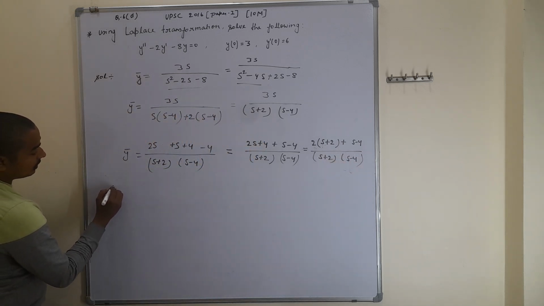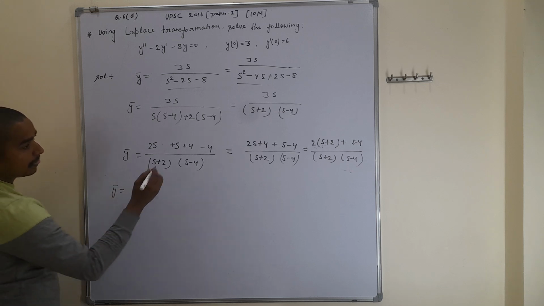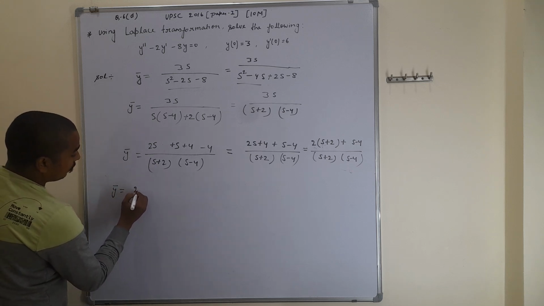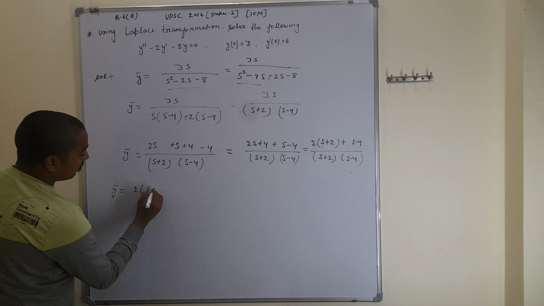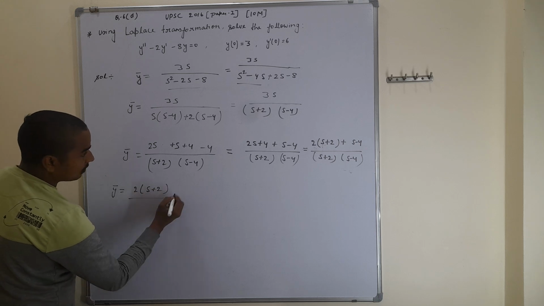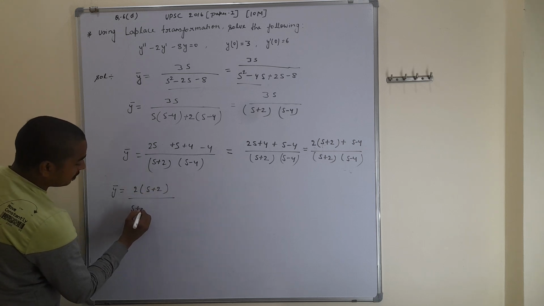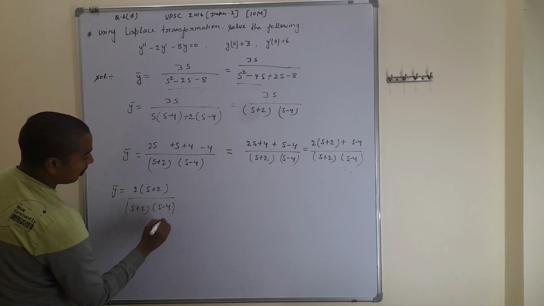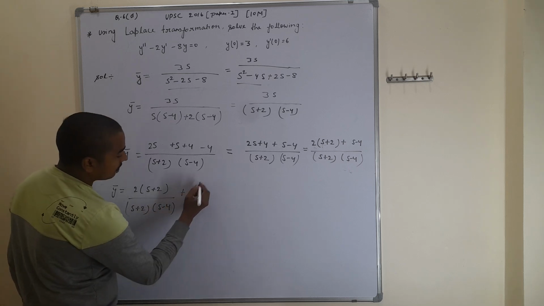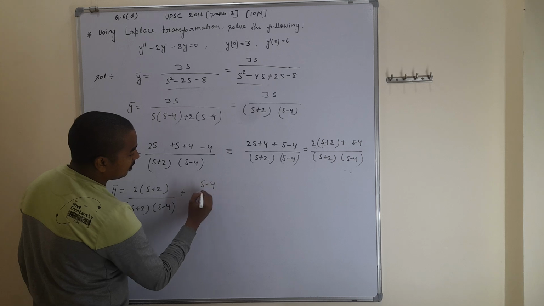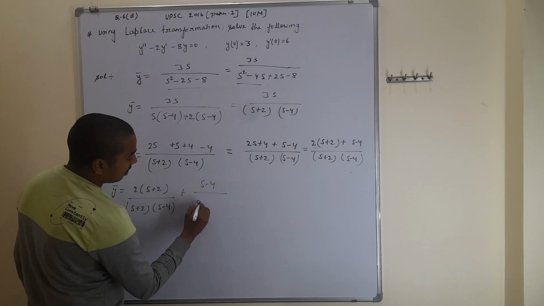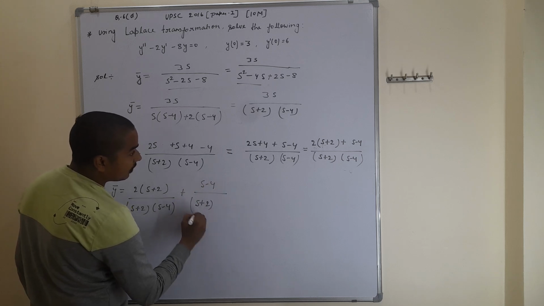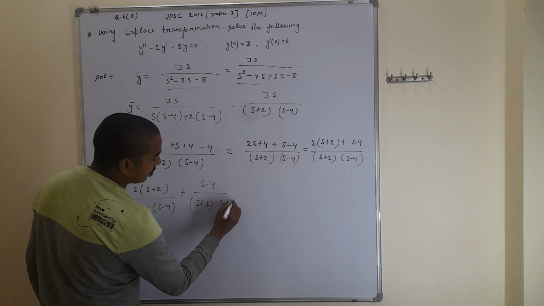Then further y bar is equal to 2 times s plus 2 upon s plus 2 and s minus 4, plus s minus 4 upon s plus 2 and s minus 4.